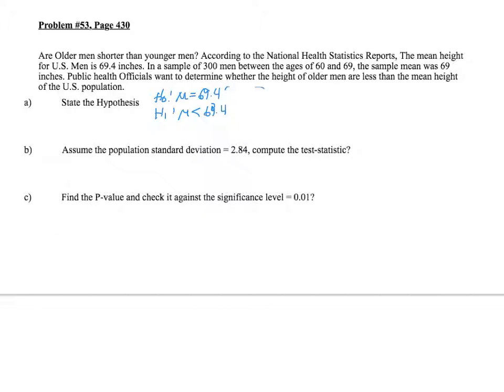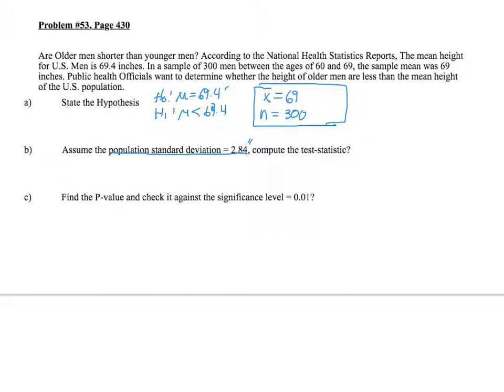Here we found some information about X bar. X bar in this case was equal to 69 inches. N is equal to 300. And then in part B, it tells us the population standard deviation is 2.84, and that should be in inches.